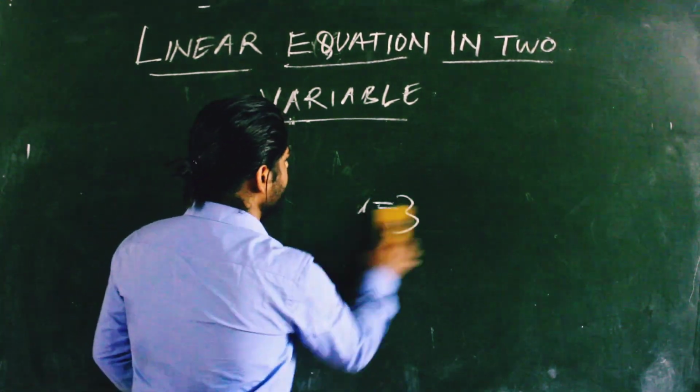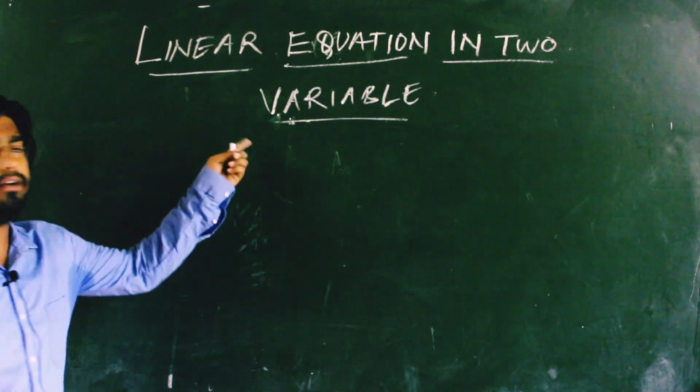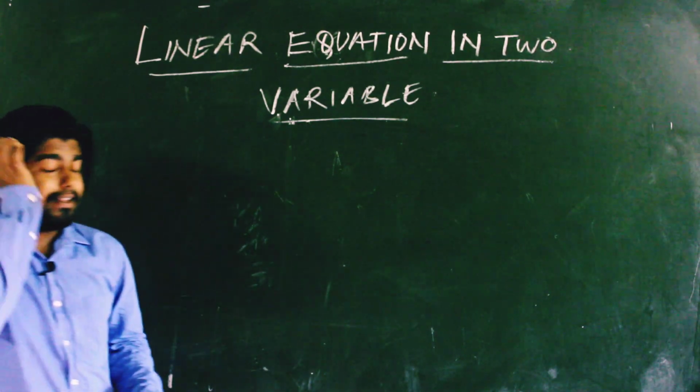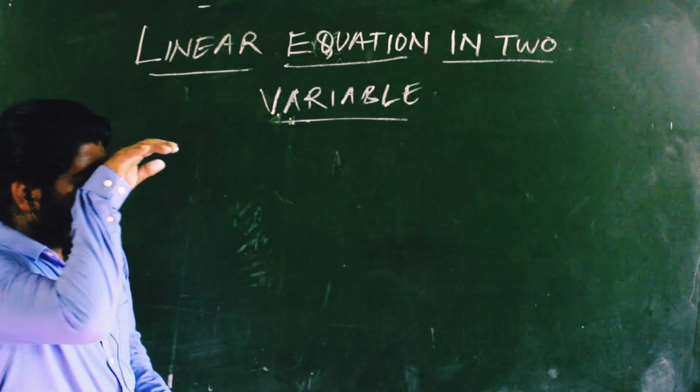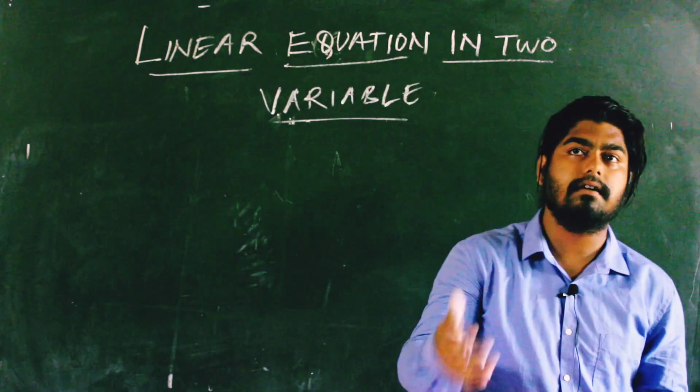Now, linear equations in two variables are a kind of polynomial, but they have two variables and a degree of 1.